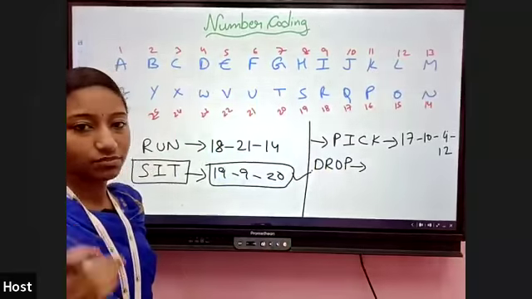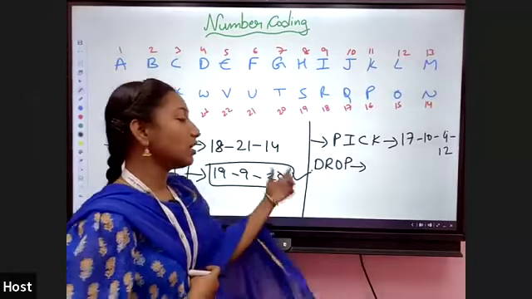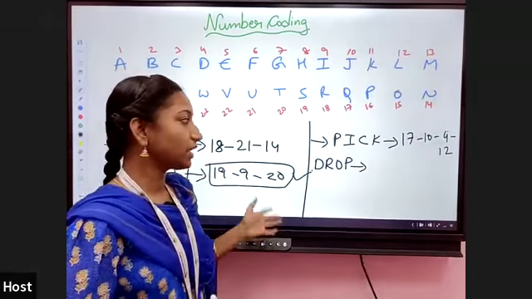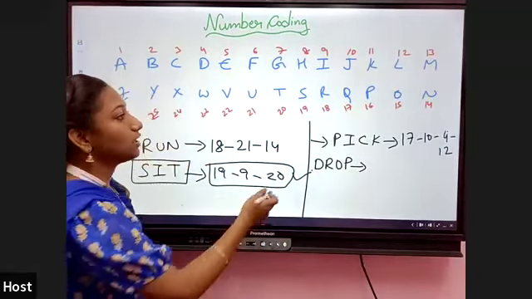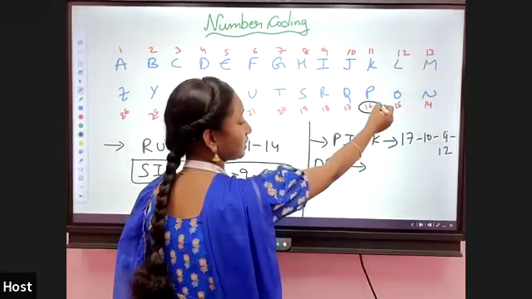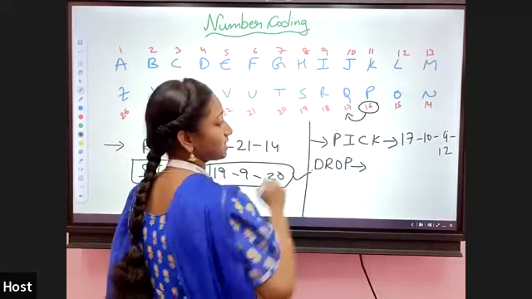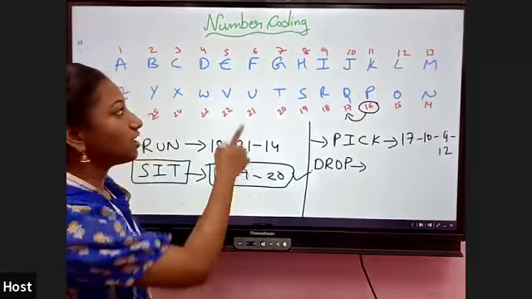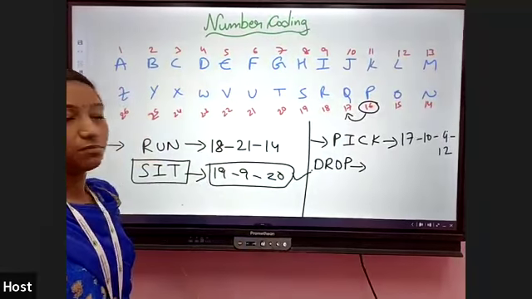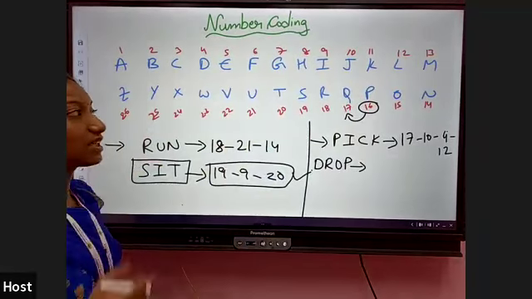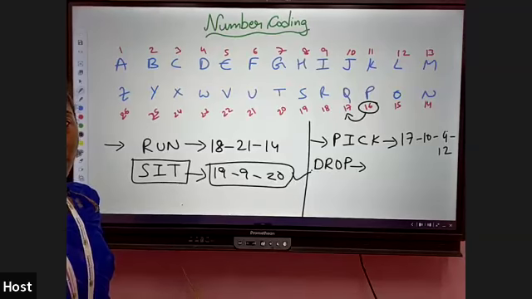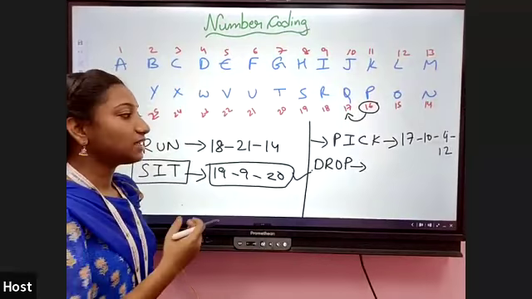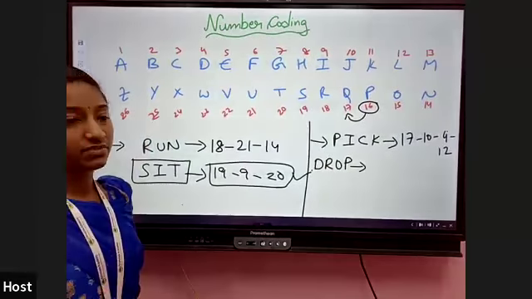First you should observe the theme they have given. For P, the value given is 17. The original value of P is 16, but they gave 17, which means they did +1 to the original number. So P is 17. The value of I is 9, but they did +1, so 10. The original value of C is 3, but we do +1, so it became 4. The value of K is 11, +1, 12.